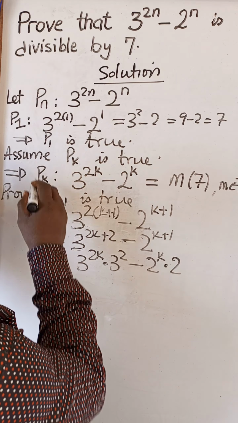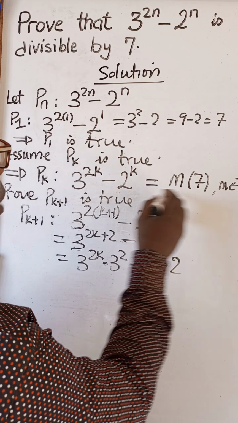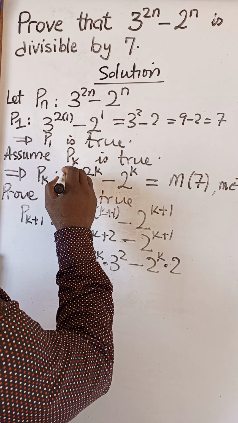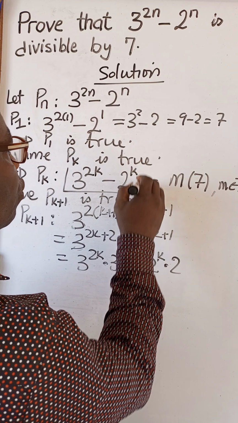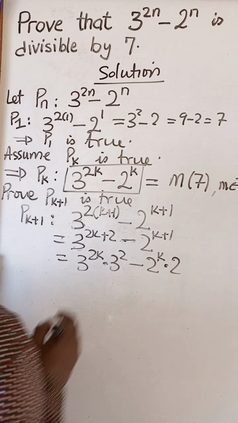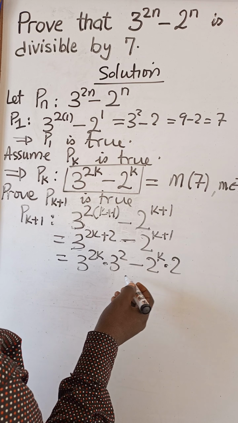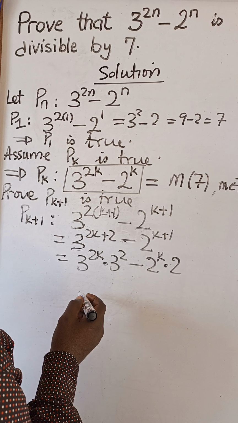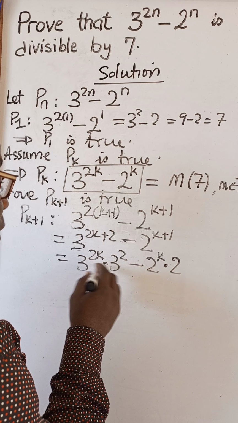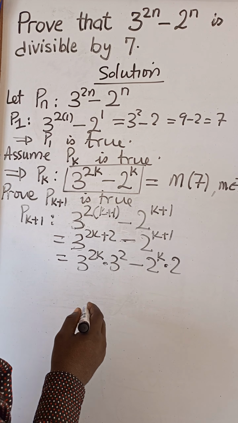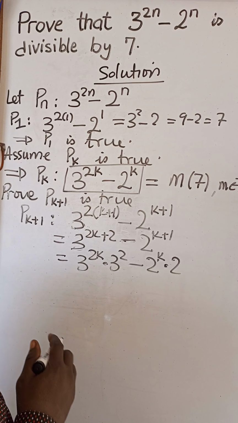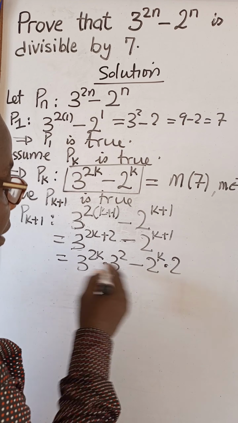Now, we are assuming this, and we need to use this information. How do we bring out this information from here? And how do we know that our final expression is actually divisible by 7? Those are the two main challenges that we'll have to work with at this level.